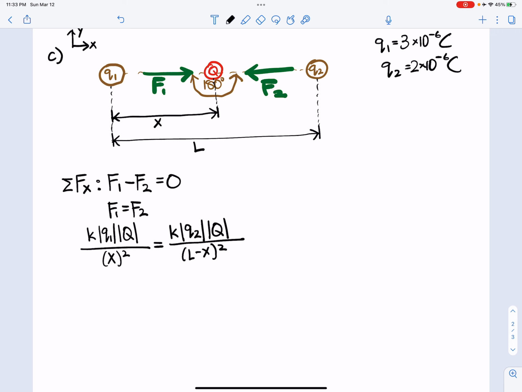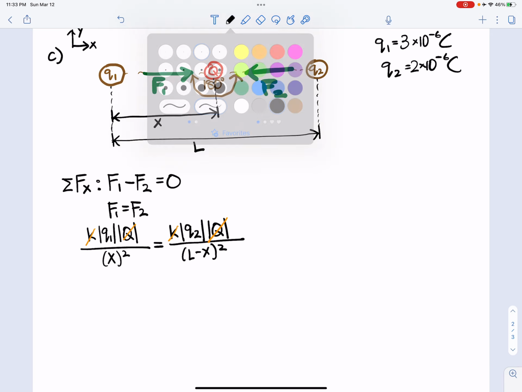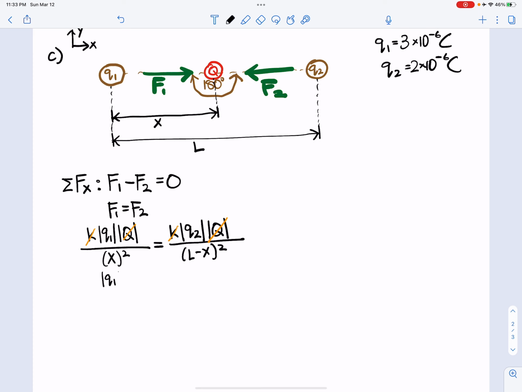So right away I'm just going to go ahead and cancel out. I'm going to divide both sides by K and capital Q, since they both have that. And so I'm going to be left with Q1 divided by x squared is equal to Q2 divided by L minus X squared.